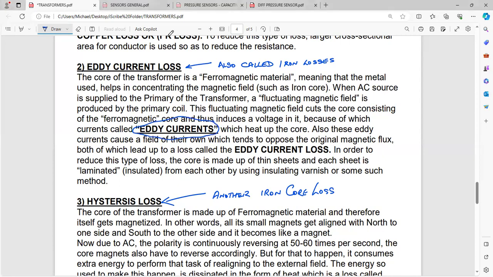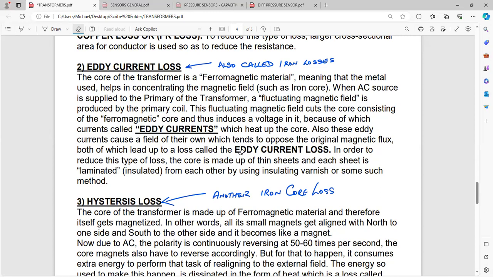Eddy currents are going to be such that they counter the original electromagnetic lines of force. Why? Because eddy currents have their own electromagnetic field, and that field is going to counter your primary electromagnetic field. If that happens, the amount of electromagnetic field that links your secondary will be diminished, which means you're not going to get the exact amount of voltage induced into your secondary.